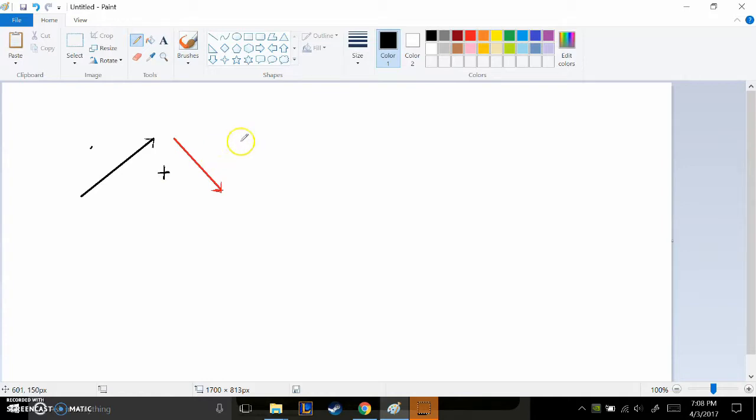What that means for us is we take the first vector and we put the tail of the second on the head of the first.